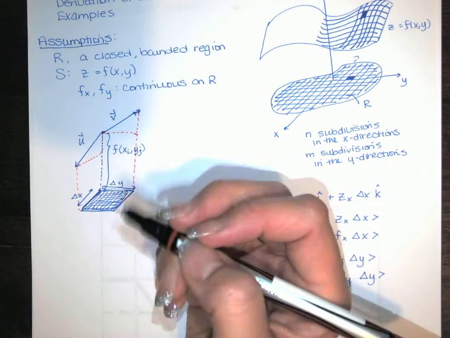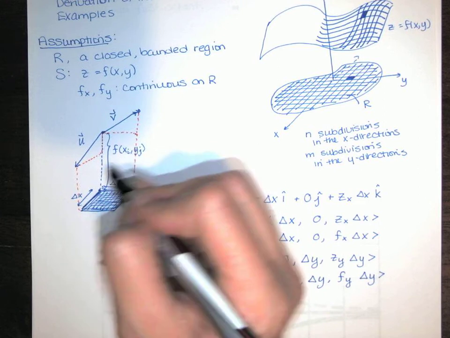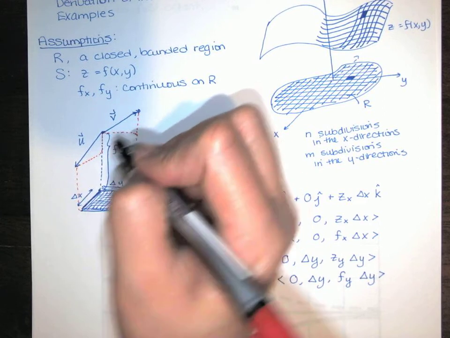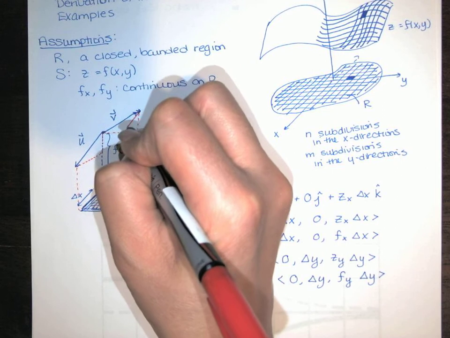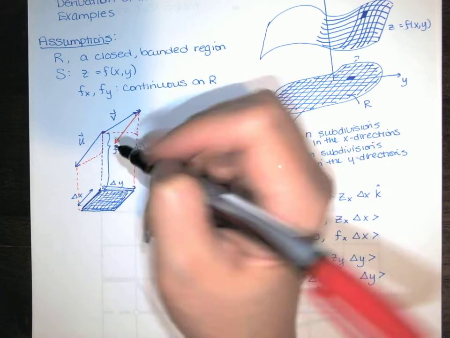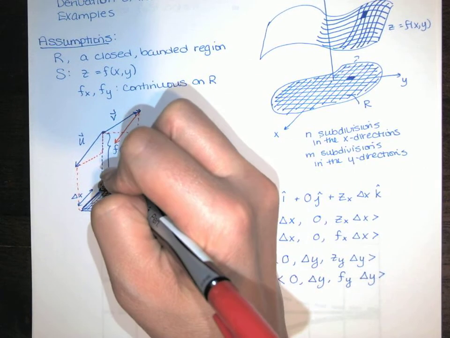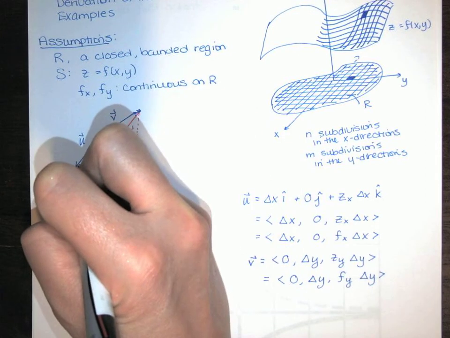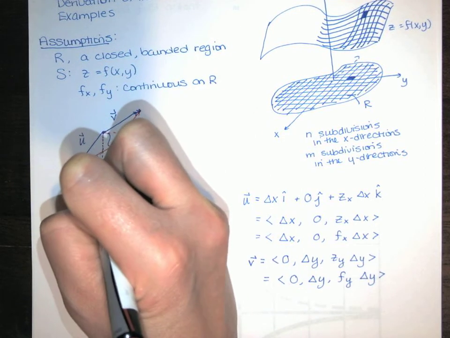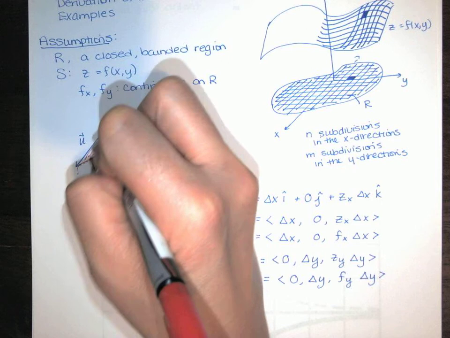Now if I put these two pieces together, to draw the rest of my parallelogram, I'm going to draw this vector u over here, do the best I can to make it look parallel. And then we'll draw the vector v over here, again, to make it look parallel.